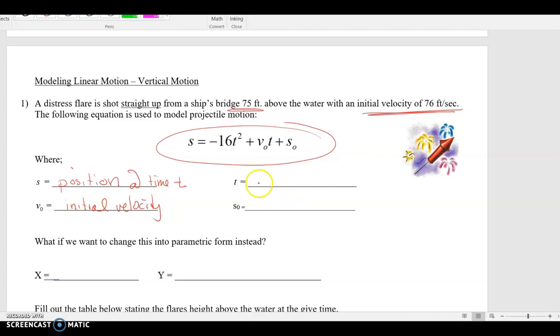And t is the time in seconds. And S sub naught is that initial height. Now, in these problems, this is a math class. We're not getting into the physics with friction or necessarily wind vectors coming at us. So please keep that in mind.